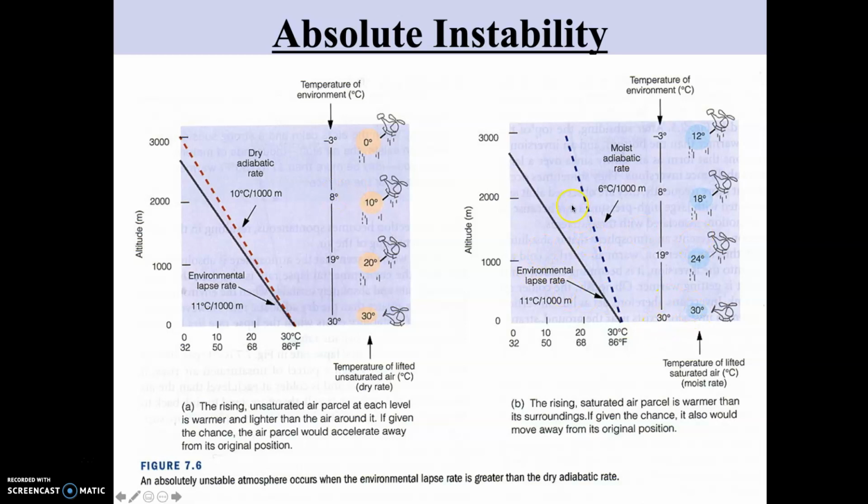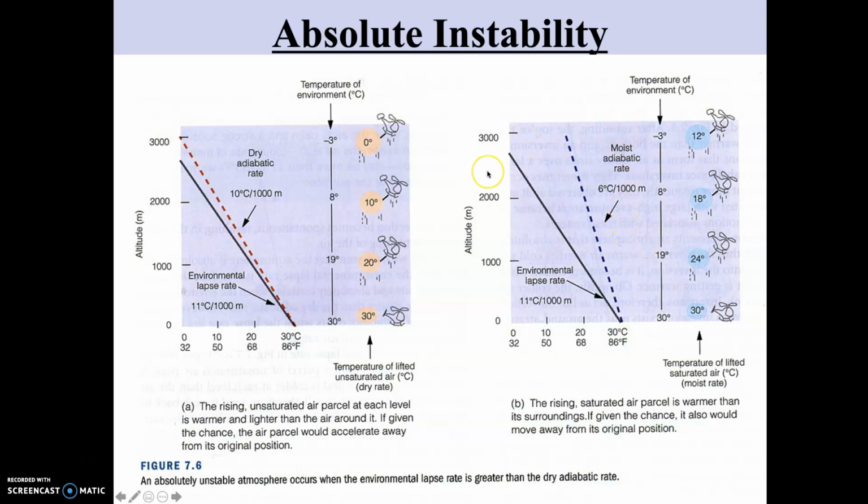And then you compare with the moist rate as well, and again, 6 versus 11, move it up. It moves at the moist adiabatic lapse rate, so instead of being 30, it cools to 24. The environment is 19. It's warmer than its surroundings, so it keeps wanting to move up.